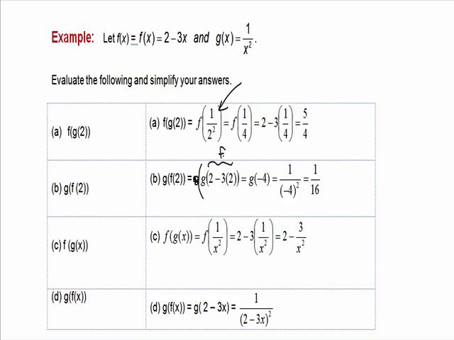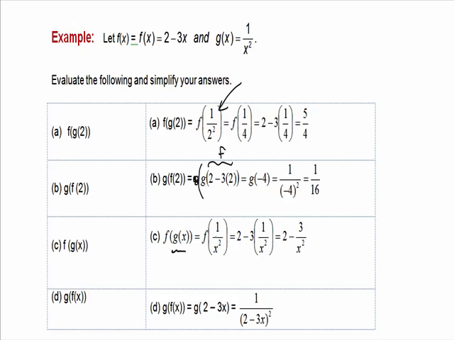So let's go to the more general situation. Let's do f at g at x and g at f at x. So if I do f at g at x, again, I work from the inside out. So inside is g at x, so I'm going to pull out the g at x, and I'm going to put in what g at x equals. So g at x equals 1 over x squared. So now I have f at 1 over x squared.